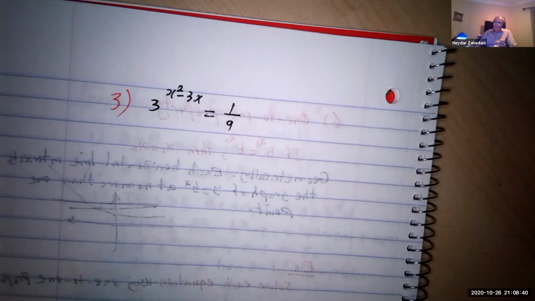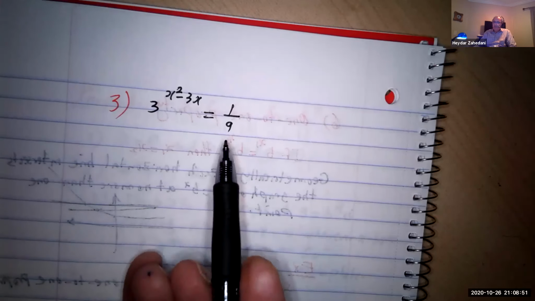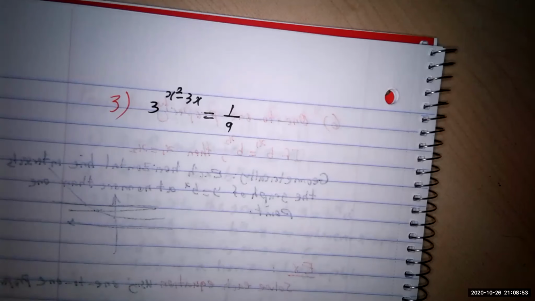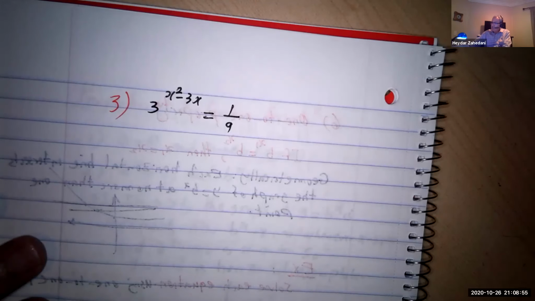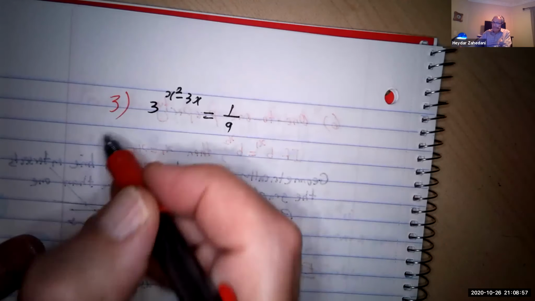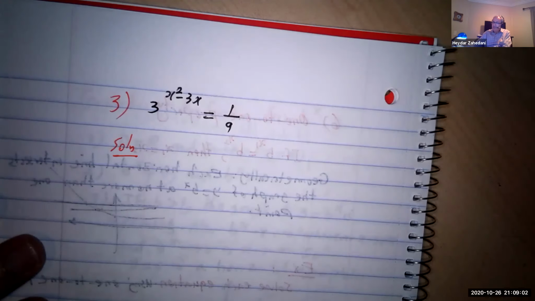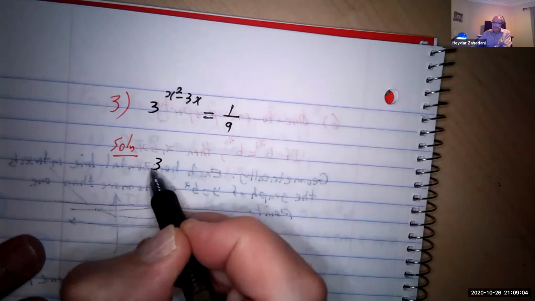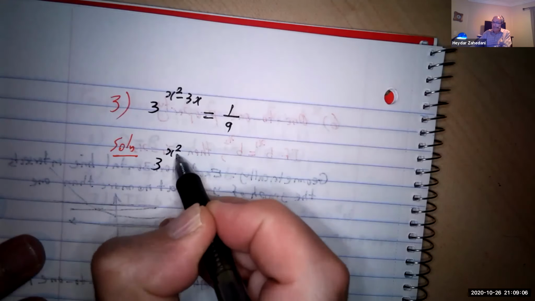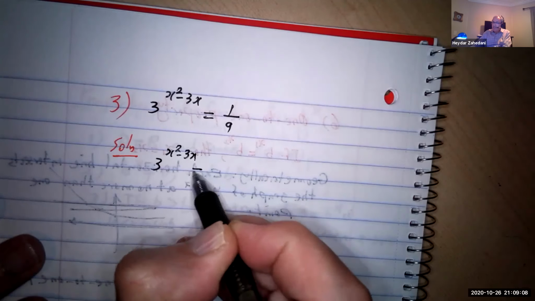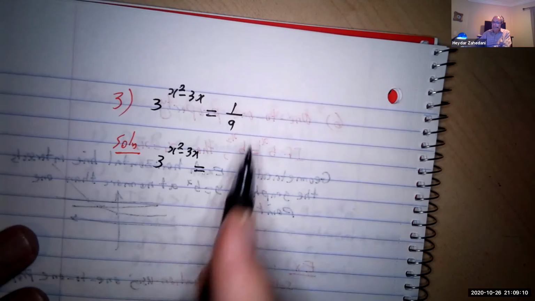The base is 3 here. Okay. Yeah, 9 is going to be 3 squared. So let's see. The solution is going to be 3 to the x squared minus 3x, and this is going to be what?